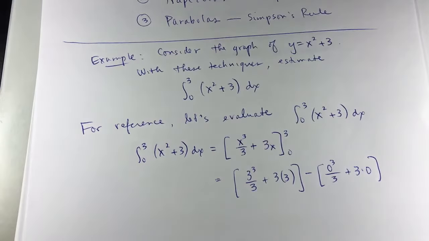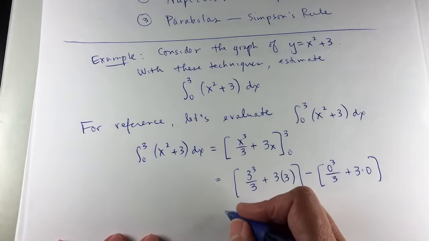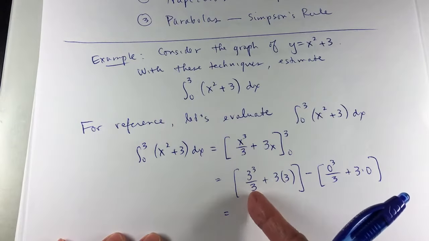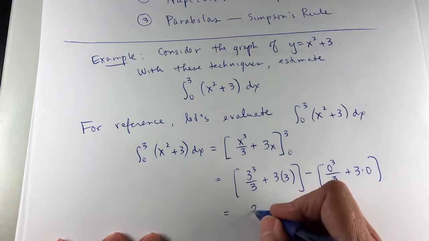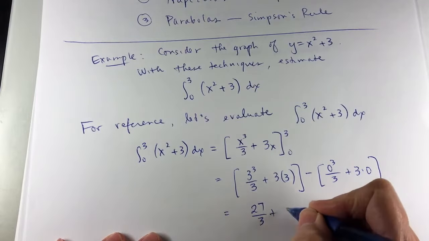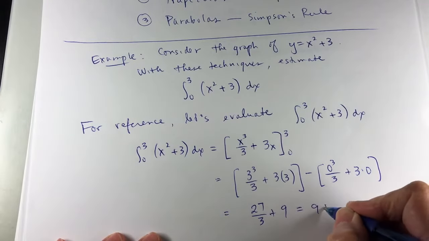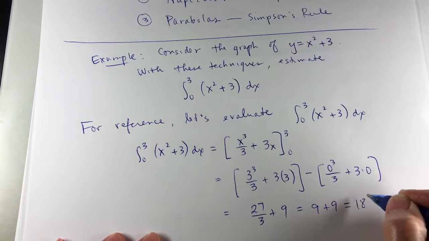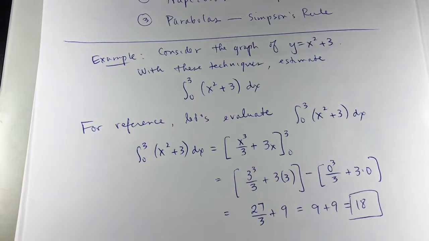That last part gives me 0, but you have to think about it because it doesn't always give you 0. This is 27 over 3 plus 9. So that's 9 plus 9. The actual answer is 18. But we are going to estimate it using these 5 techniques.